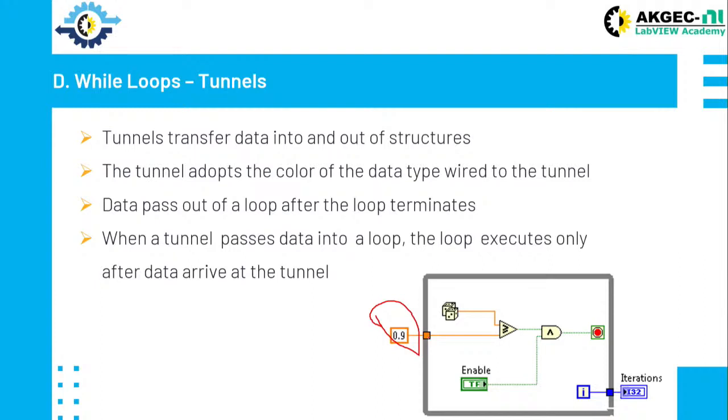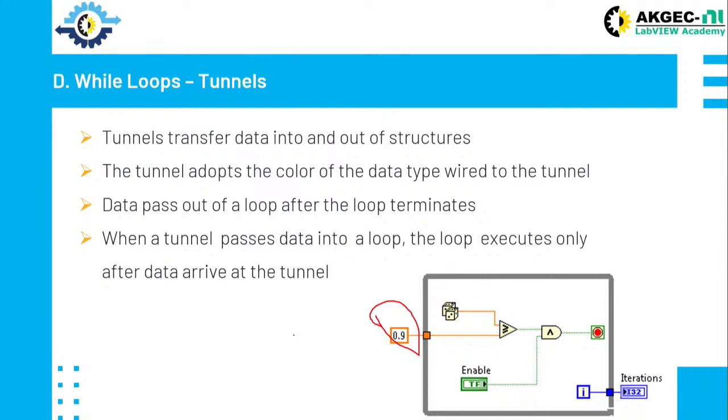In any structure we have to create this tunnel, otherwise the data will not be transferred to the function inside the structure. The tunnel gets the color of the data type with which it is connected. Data will be transferred out of this loop only when the loop is terminated. So whenever we have to pass data, we have to use this.